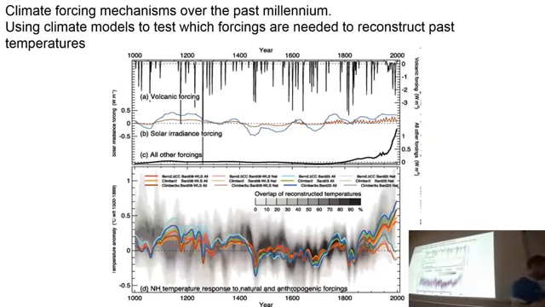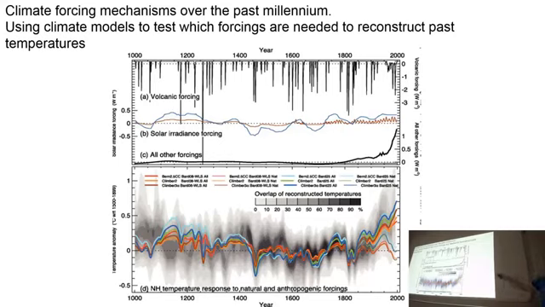Moving on from accepting that the change in temperature is real and anomalous in terms of geological history, we want to ask: can we actually attribute that warming to our activities? We covered this graph a little in the lecture yesterday. It looks at all the different forcings.